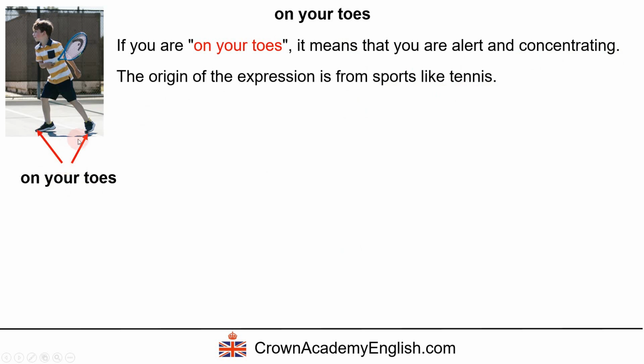Okay, so it means when he's standing on the tips of his toes. And because in that position you are very alert and concentrating, you can move very quickly when you're on your toes. Okay, so that's what this means, alert and concentrating.